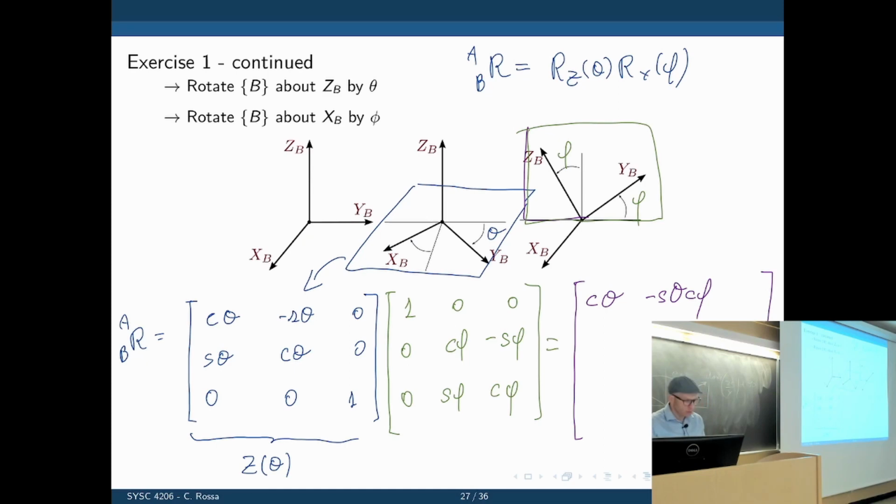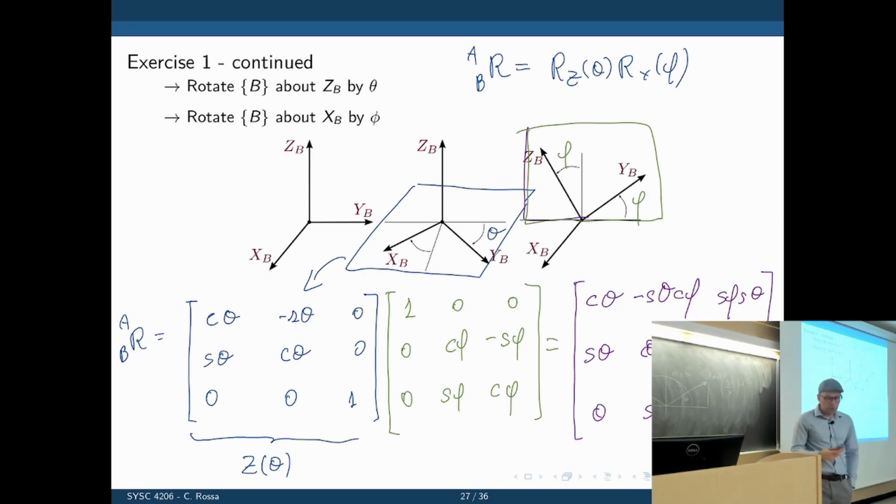And then sine phi sine theta, 0, cosine theta cosine phi, and so on. That should be the end result.